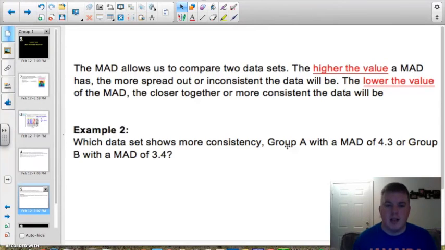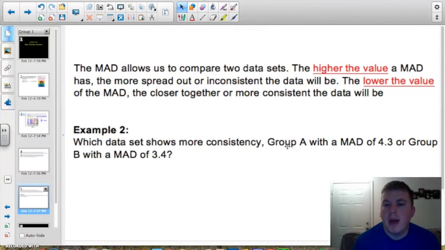All right, so looking at an example, we might be asked something like, which data set shows more consistency? Group A with a MAD of 4.3, or Group B with a MAD of 3.4. If we remember, the higher the MAD, the more spread out the data is going to be, and the less consistent it's going to be. So we're looking for the group that has the most consistency, so we want that MAD to be as small as possible.